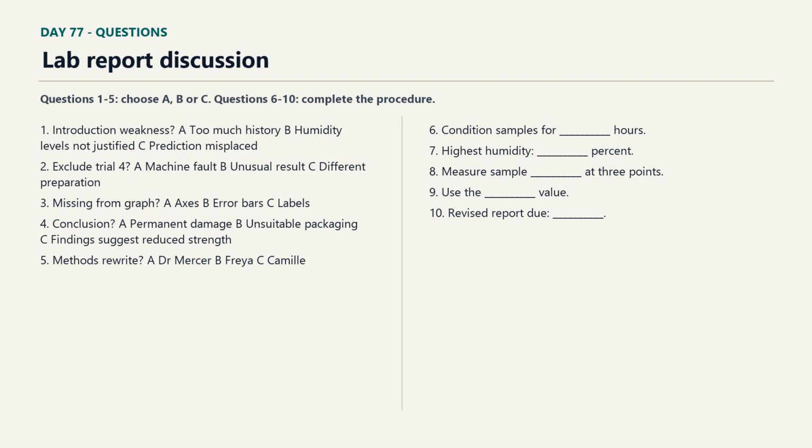Standardize the conditioning period at 24 hours for every sample. 24 hours also lets us begin each test at the same time on consecutive days. I will update the workflow diagram from 18 to 24 hours.